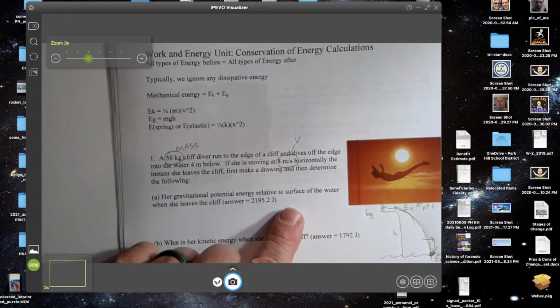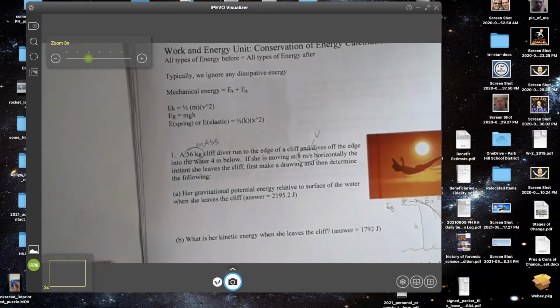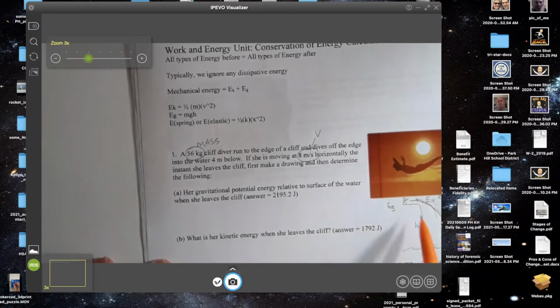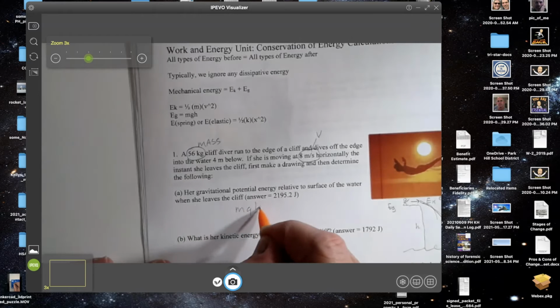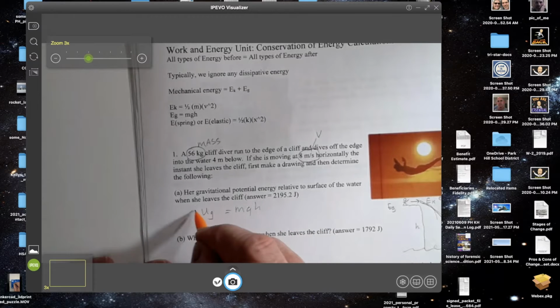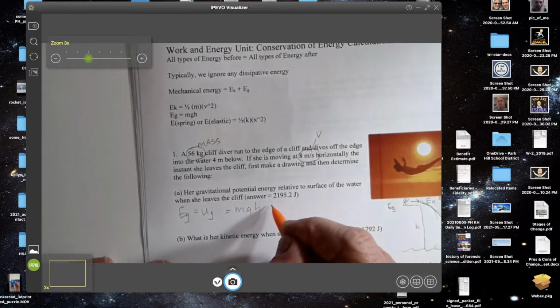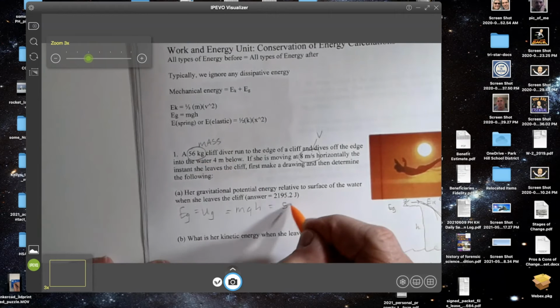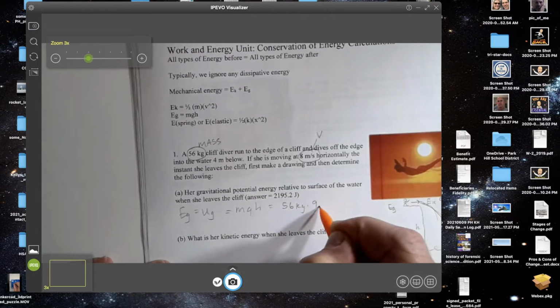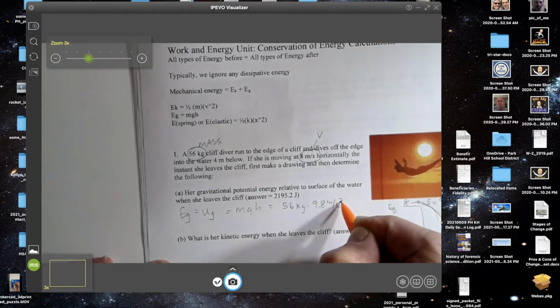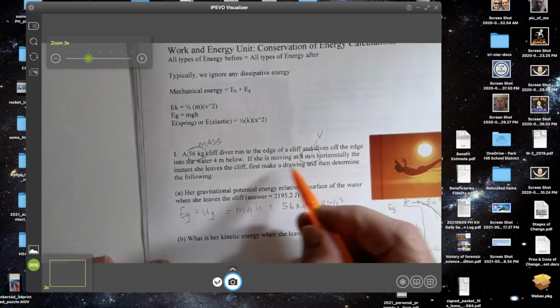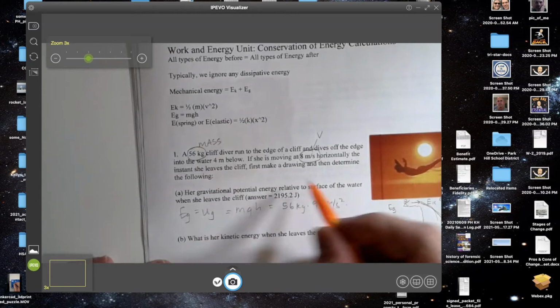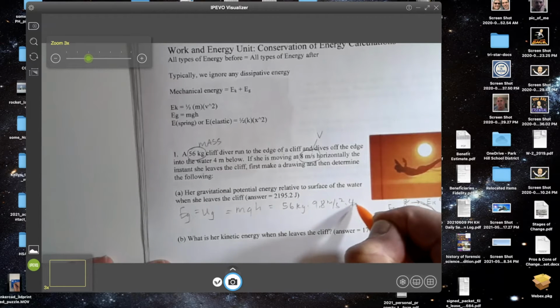Let's get her mgh relative to the surface of the water. That would be her UG, or E sub G. So we would say the mass times gravity times her height, and she is 4 meters above the surface.